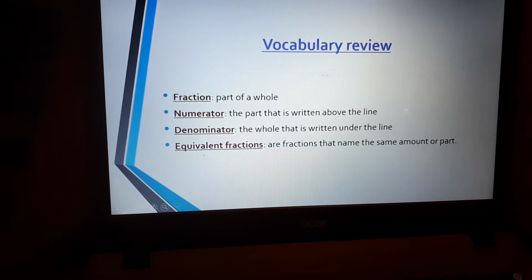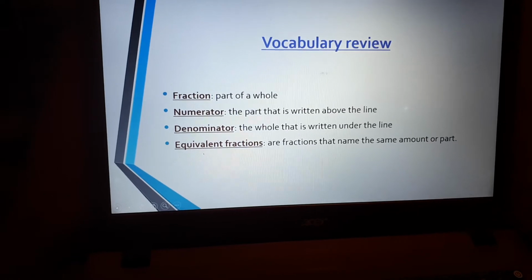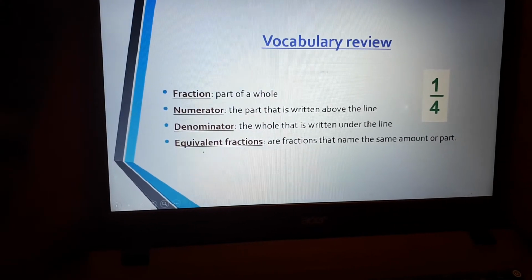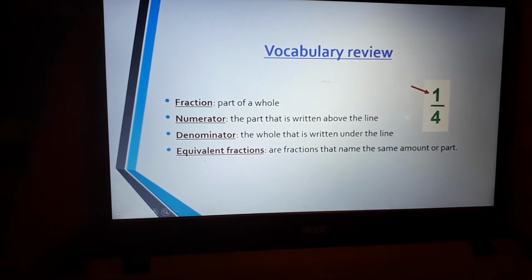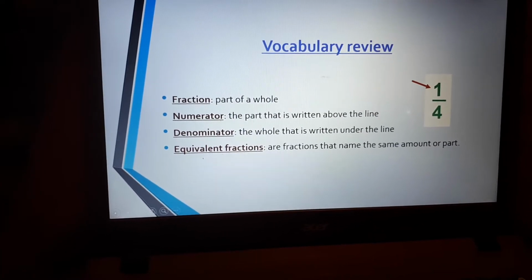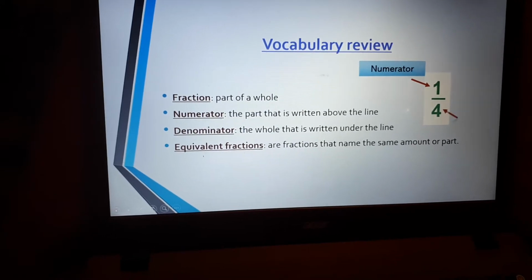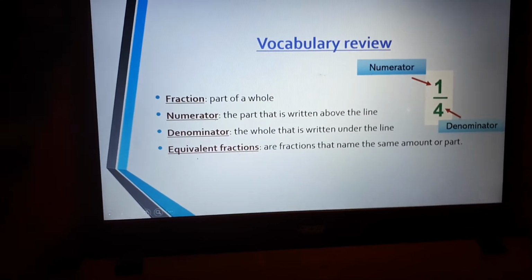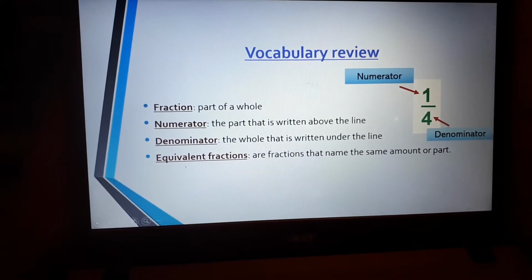Equivalent fractions are fractions that name the same amount or part. 1 over 4 is a fraction. 1 is, excellent, the numerator, and 4 is, yes, the denominator. Now, what is an equivalent fraction?